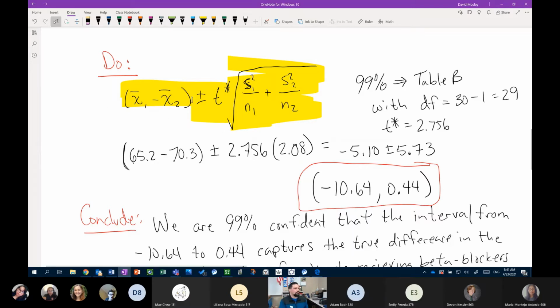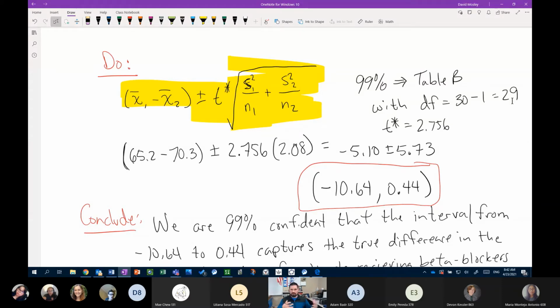So when we substitute in values here, first, 99% confidence using table B with degrees of freedom equaling 29, because both sample sizes are the same. Both sample sizes give us a degree of freedom 29. There is nothing lower, right?